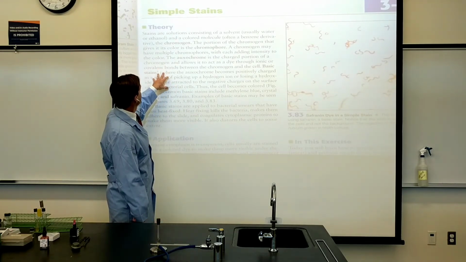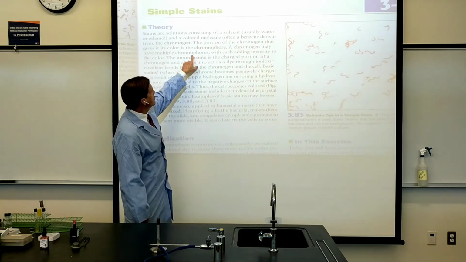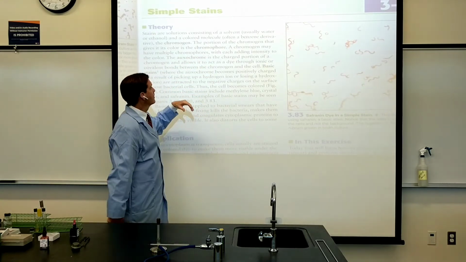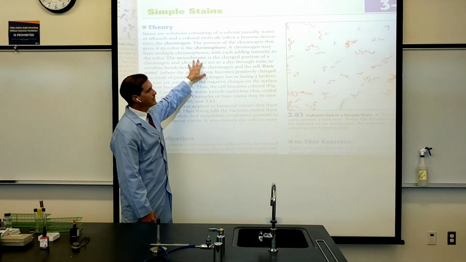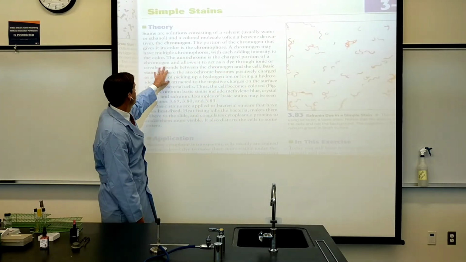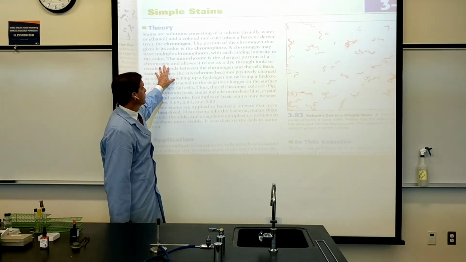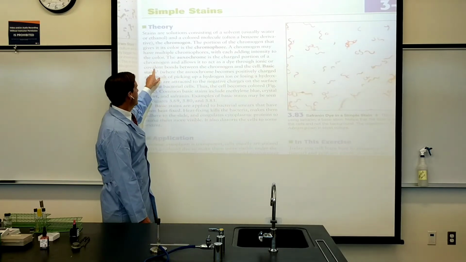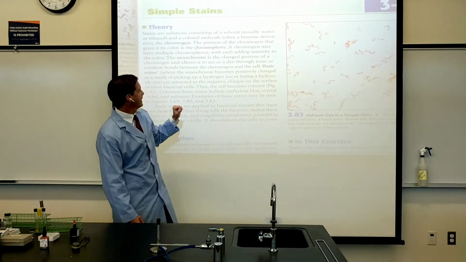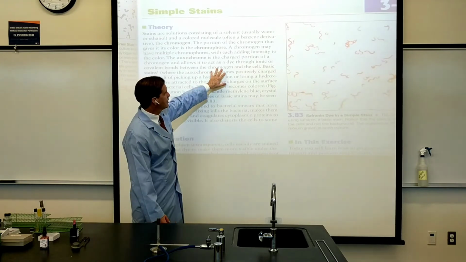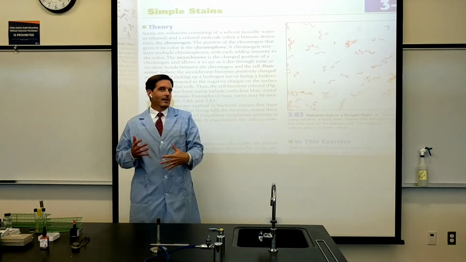And so then each chromophore adds more intensity, as I was saying, and then it says the oxychrome is the charged portion of the chromogen colored molecule, and it allows it to act as a dye through ionic or covalent bonds between the chromogen and the cell.